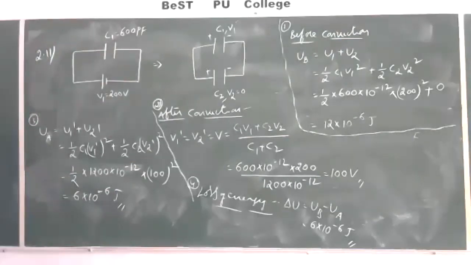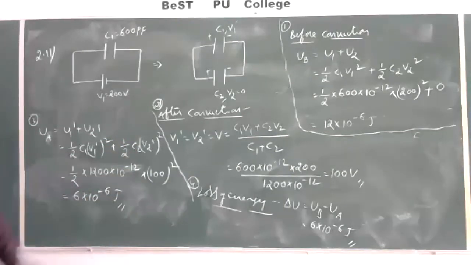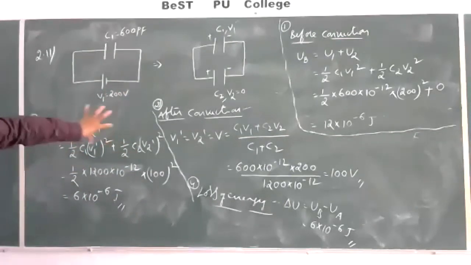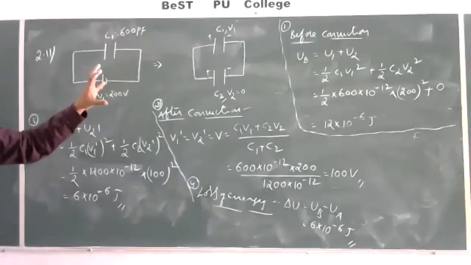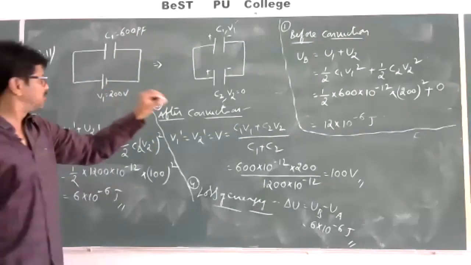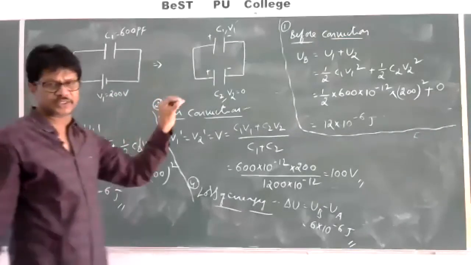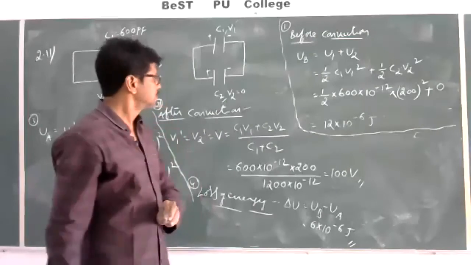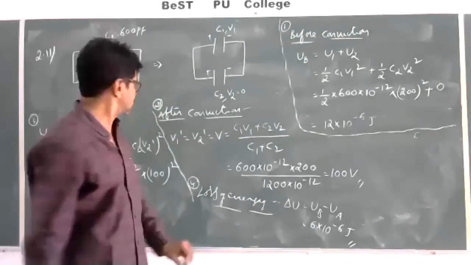Before connection, what is the energy? After connection, what will be the energy? That difference will give the loss of energy. So as far as PUC is concerned, we badly need to follow all these steps. But as far as objective is concerned, I directly derived one formula in previous classes.